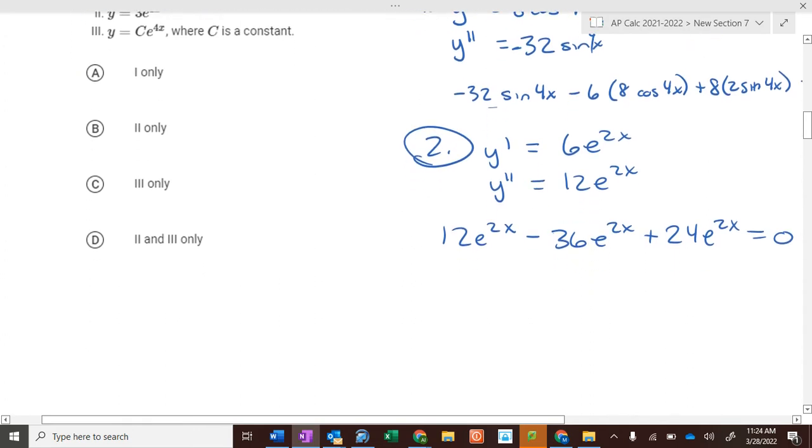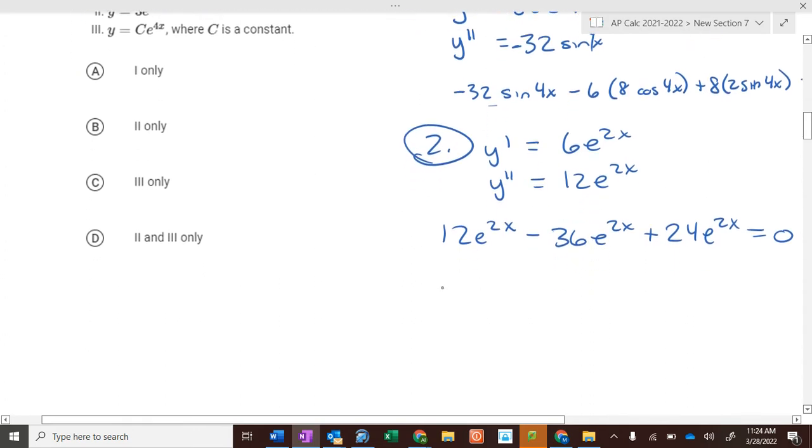Let's look at number 3. The first derivative of ce to the 4x would be 4ce to the 4x, right? What's the second derivative of that? 16ce to the 4x.